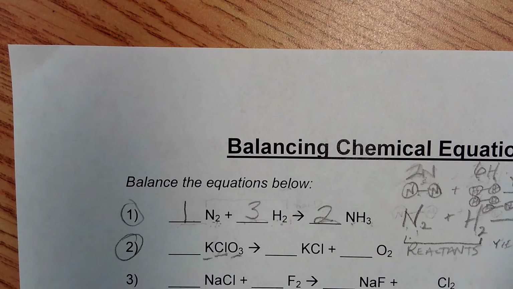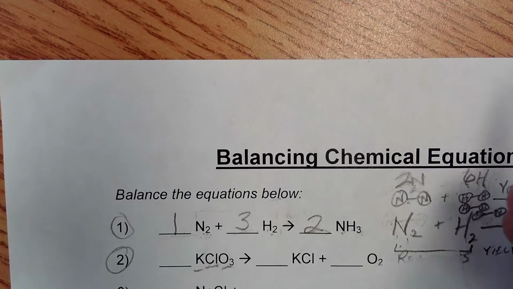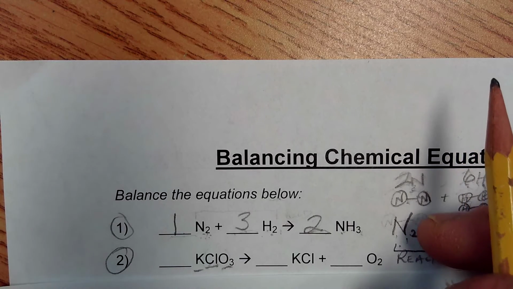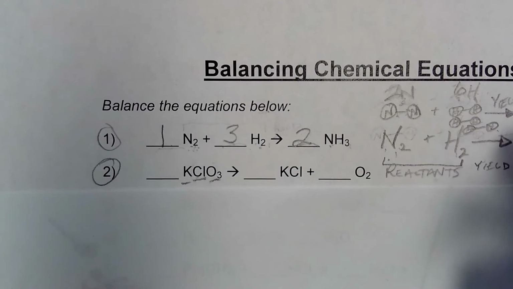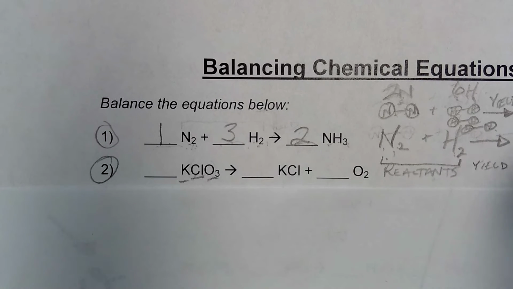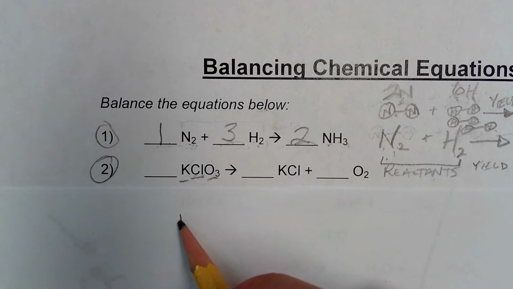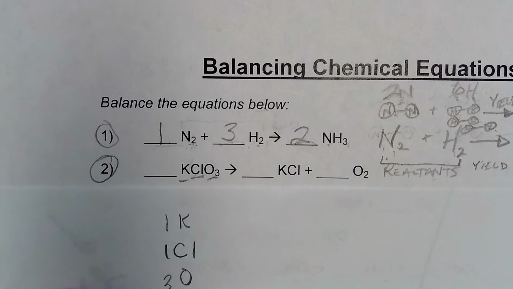And so if I'm going to look at this that way, I'm going to say, let me do this. Sometimes this takes a lot of space. You might need a blank sheet of paper, or you could even use the back of this paper if you have space, or the margins work as well. So I'm going to say, all right, potassiums, I have 1, chlorine 1, oxygen, I have 3 of those.